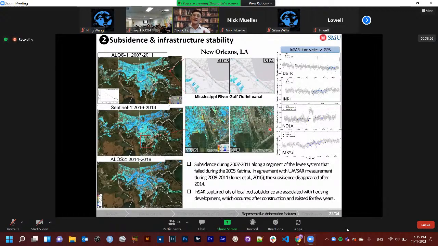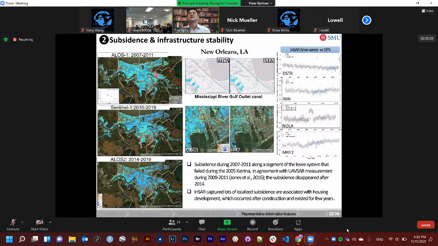Now, the second part of deformation features I want to show you is subsidence and infrastructure stability. Here, for infrastructure stability, we like to move to New Orleans. New Orleans has a long-term subsidence history, but the subsidence for the 2007 to 2010 time frame is not that dramatically much, put it this way, compared with other areas like the Houston Gulf area, which is subsiding about 3 to 5 centimeters per year.